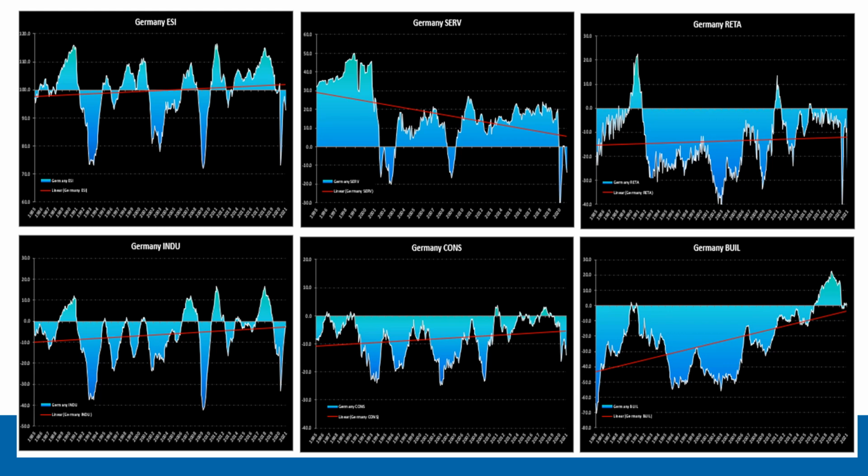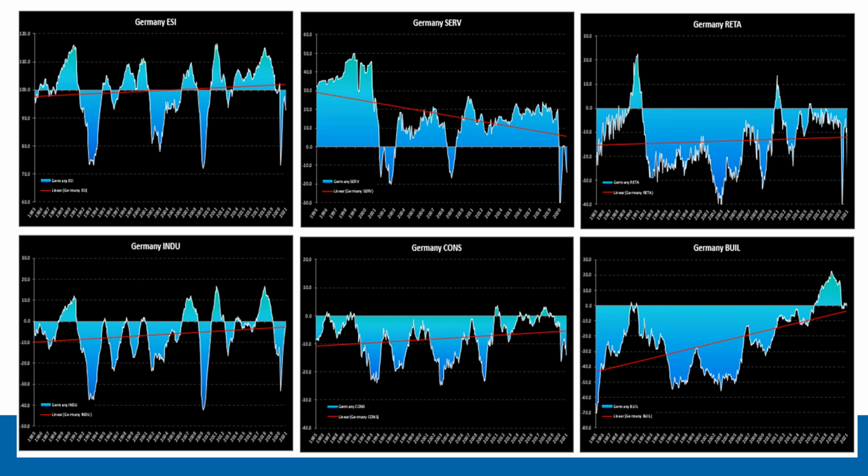German retailers, another mess, another disaster. Pretty miserable picture there for German retailers over the last 35 years. Always bearish, generally, on average, always reporting negative sentiment.